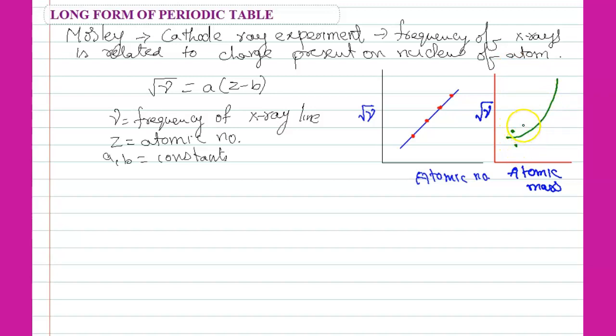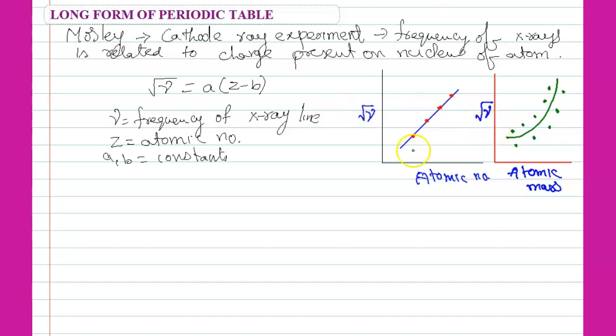See this one, students. Based on these two graphs, he explained that when we take atomic mass on the x-axis and square root of frequency on the y-axis, we get a curve. That means there is no proper relation between atomic mass and square root of frequency.